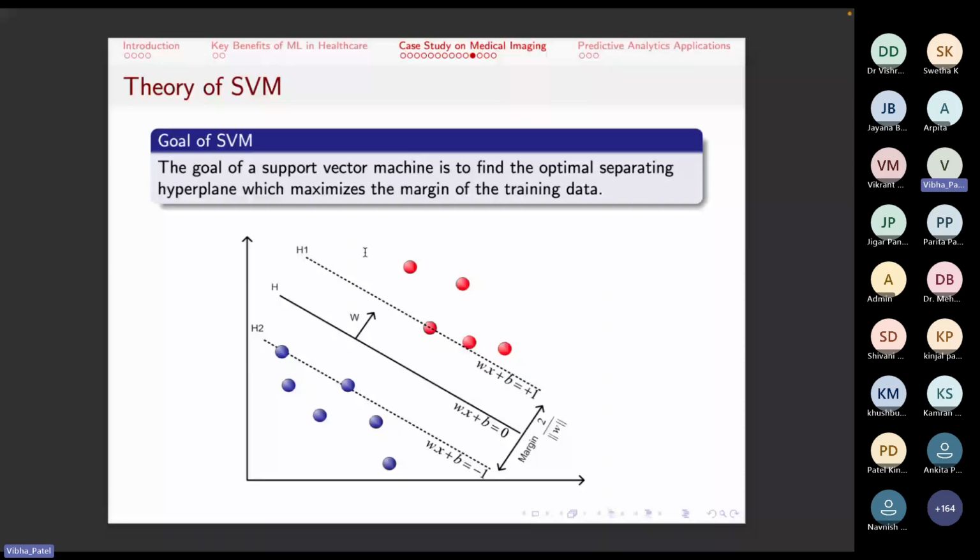Just taking an example that the number of pixels residing in one single MRI image is 10,000, then finding a separating hyperplane in a 10,000 dimensional space is a really very time consuming task.